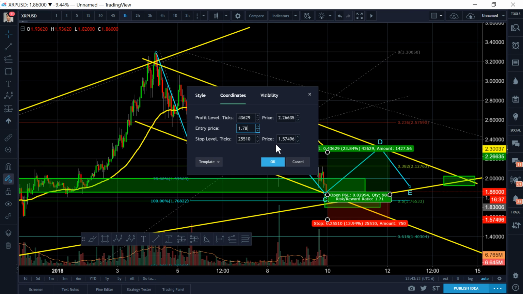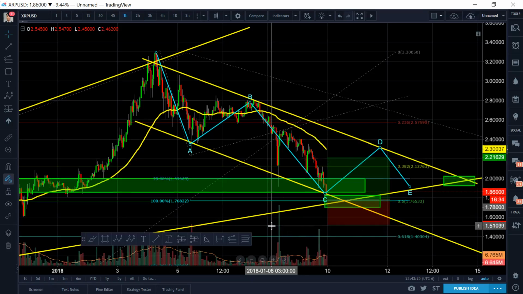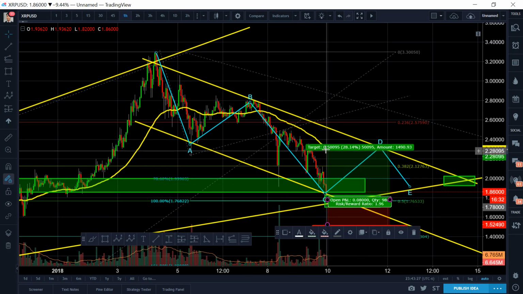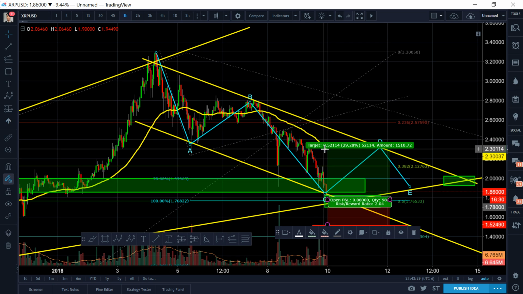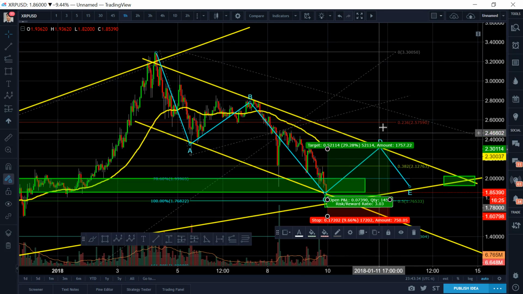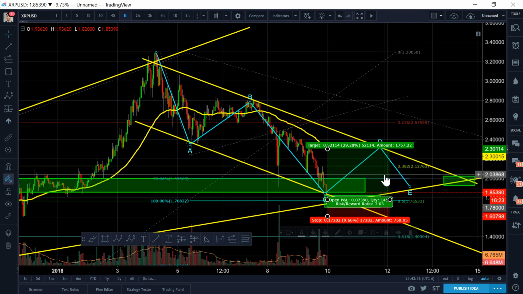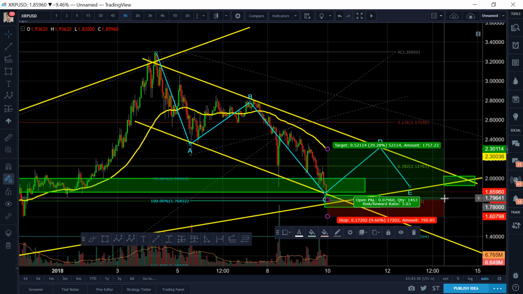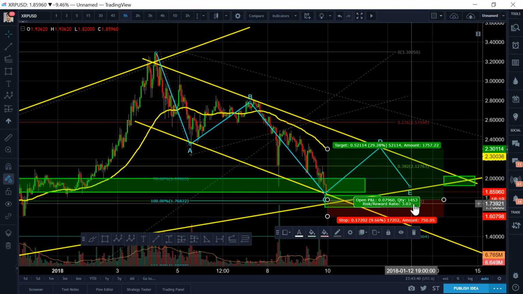Okay, my average price is now 1.78, and I will target 2.30, and my stop loss is still 1.6. So then it actually brings me to a very desirable risk to reward ratio, which is 3.03 if that were to happen.